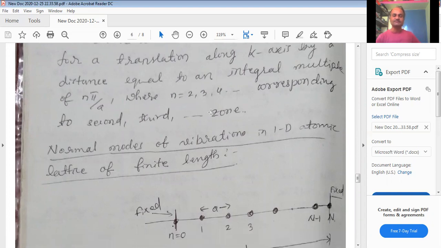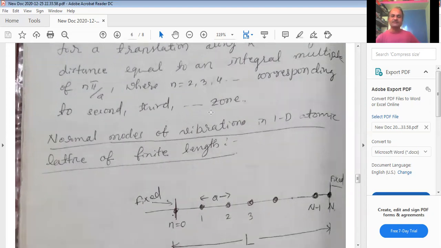That means whatever properties are possessed by the first Brillouin zone, all those properties are exhibited by the second and third Brillouin zone like that. So therefore, the second, third Brillouin zones are replicas of the first Brillouin zone, and hence if you study the first Brillouin zone range, that is more than enough. So that is why only the values of k lying in the first Brillouin zone are very important.